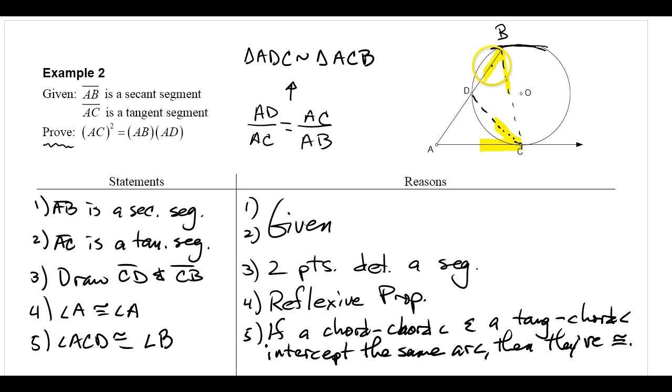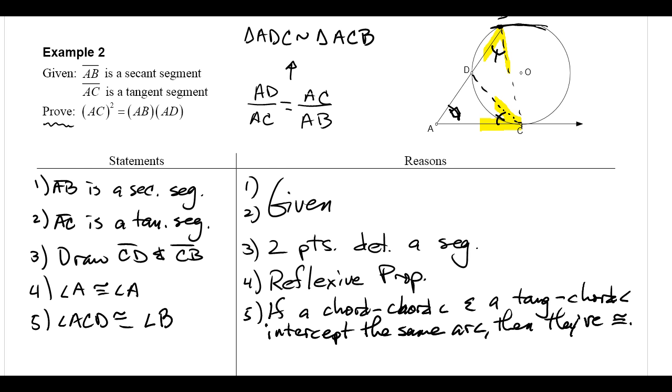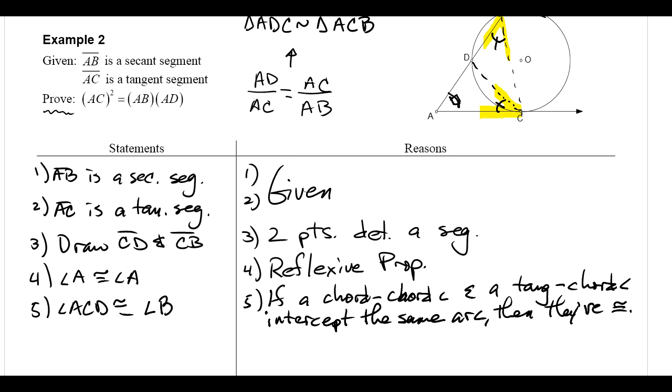So that gives me this angle up here and this angle over here, and I already know that this was congruent to itself. So now we have enough to say that the two triangles are similar. So I've got triangle ADC is similar to triangle ACB by angle similarity, and the steps that we had, our congruent angles, were steps 4 and 5.